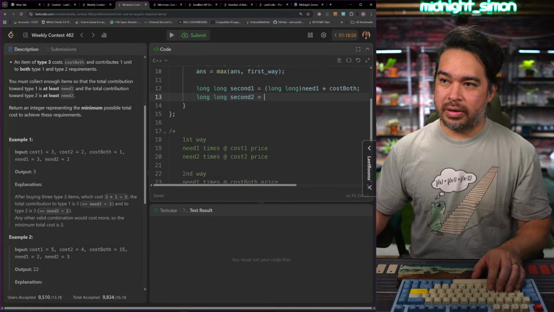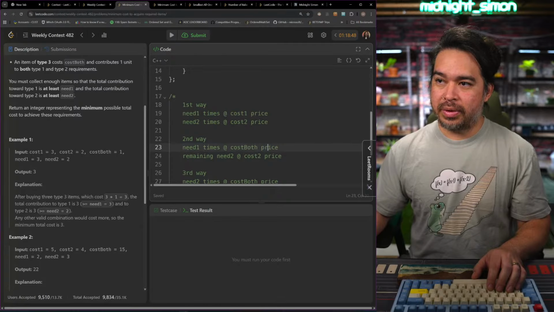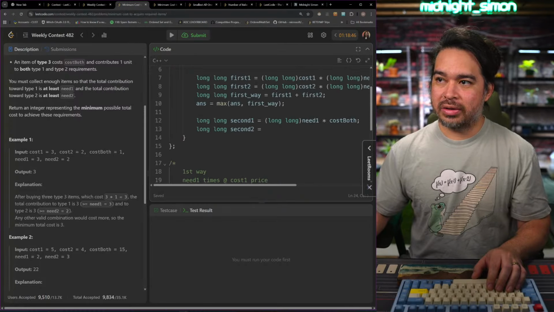And then, alright, so it was need 1 at cost both, and the remaining need 2 at cost 2.